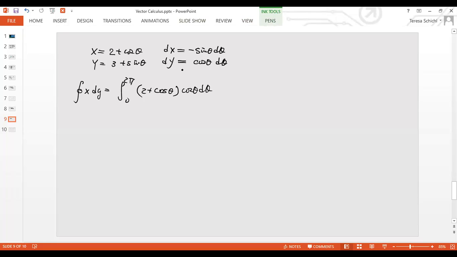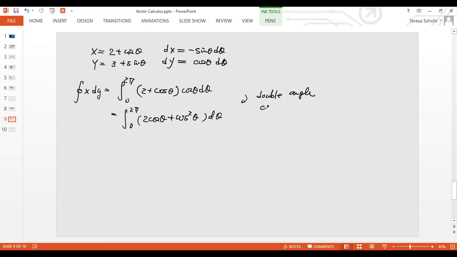Well, this simplifies a little bit, so this is 0 to 2 pi. Now I have 2 cosine theta plus cosine square theta d theta here, right? I know the integration of 2 cosine theta, and for the cosine square theta, I can use the double angle formula, right?